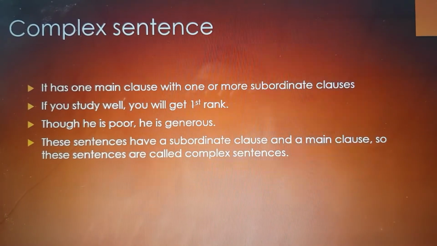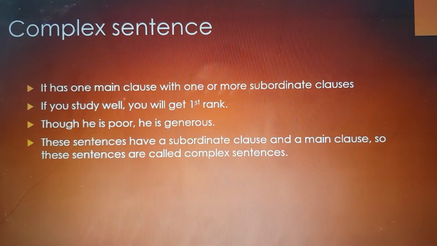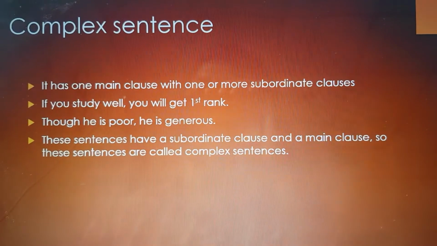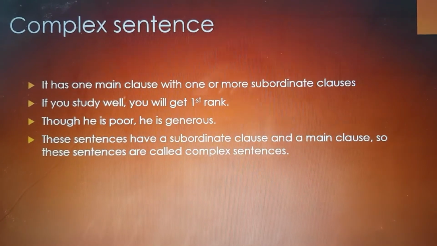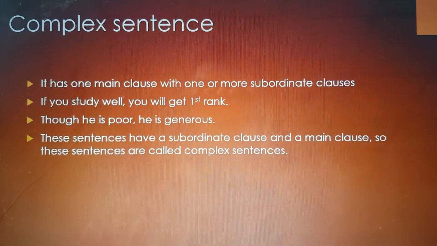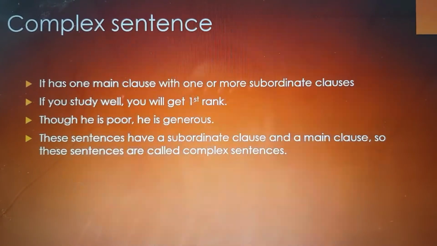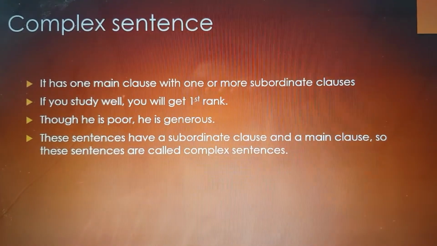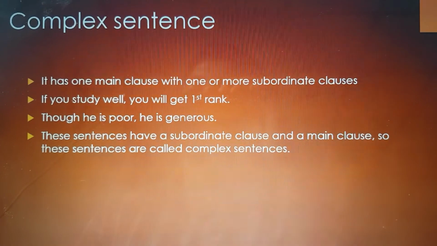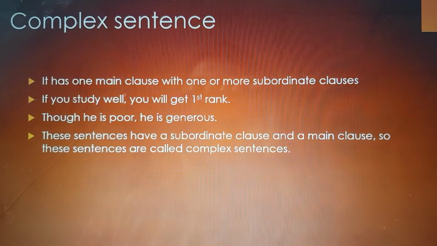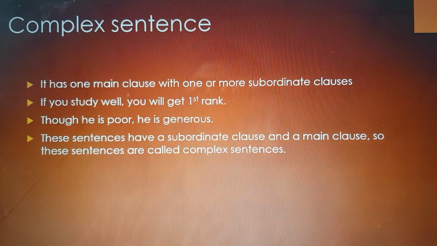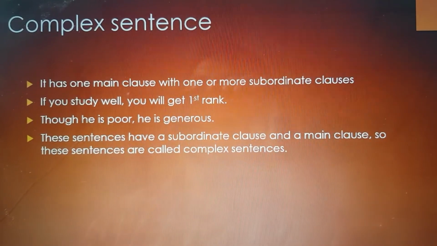So to identify whether it is a complex sentence, the main clause will always be followed by a subordinating clause. So here, you will get a first class is the main clause, followed by another subordinating clause, if you study well. And you have also another example, that is, though he is poor, he is generous.